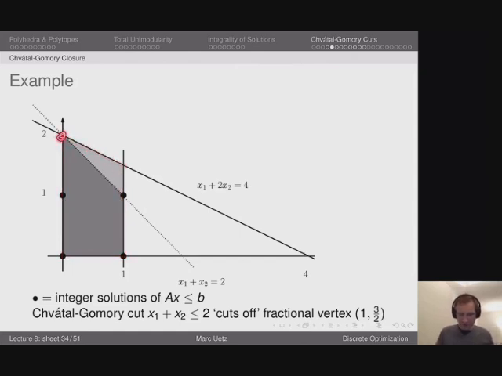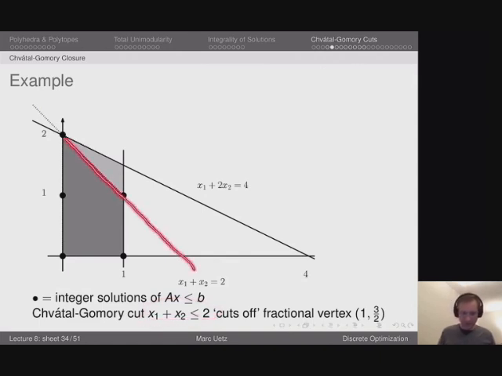But since I'm only interested in integer points, this would be the inequality that I'm interested in. Then I would have obtained a description of all the feasible integer points by linear inequalities. And that is exactly the constraint that I get when I combine the two other constraints, because this is exactly the constraint x1 plus x2 smaller or equal than 2.